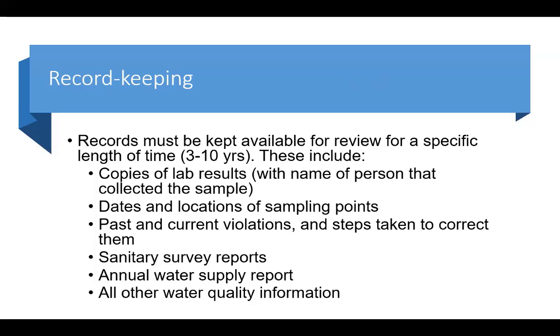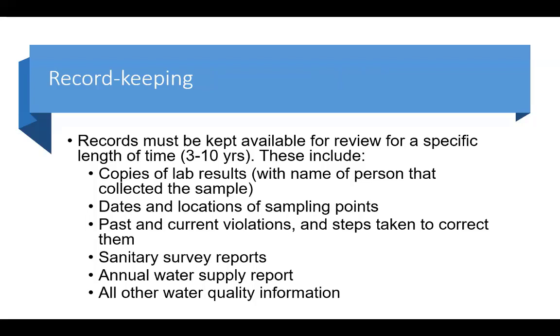Now, these records include the copies of the lab results. They include the name of the person who collected the sample. They would include who analyzed the sample or what lab analyzed the sample, and where and when the samples were taken. They also include past and current violations and what steps were taken to correct those violations. And they include sanitary survey reports.